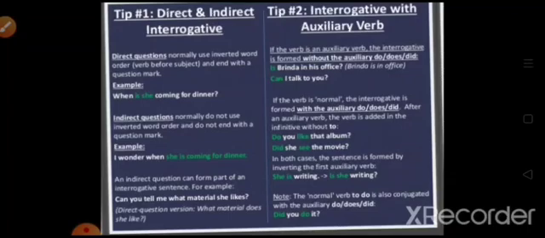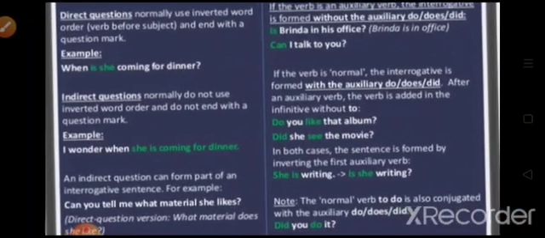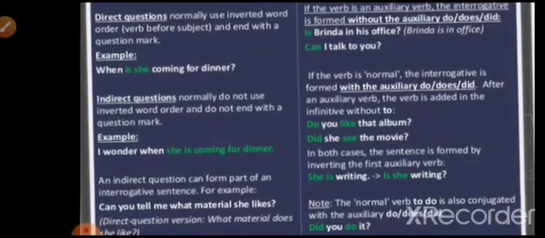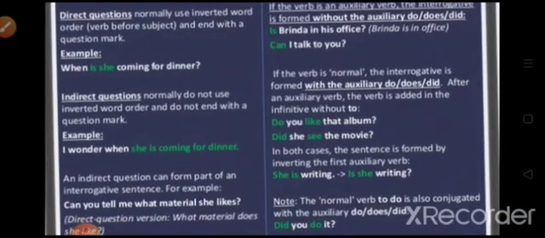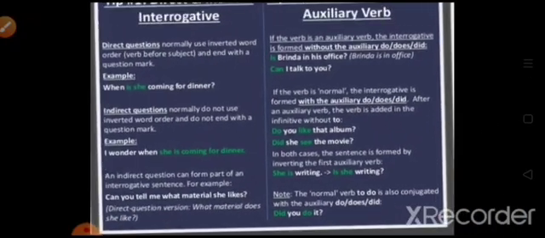For example, when is he coming for dinner? Indirect questions normally do not use inverted word order and do not end with a question mark. I wonder when she is coming for dinner. Here you can see that in this sentence you don't see any question mark.